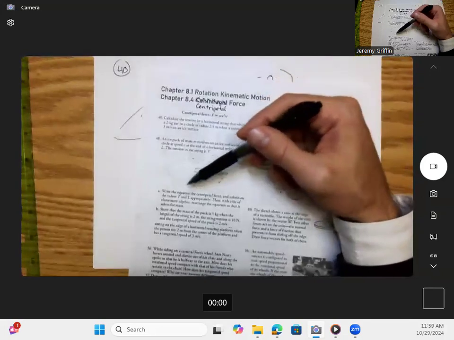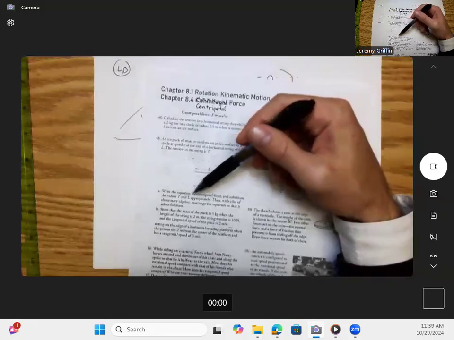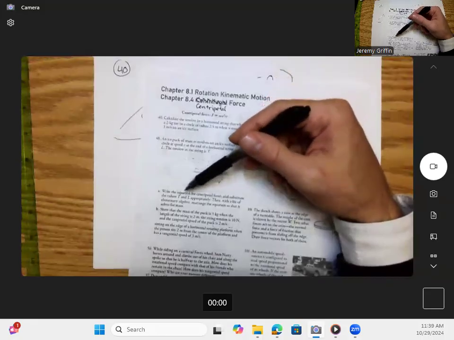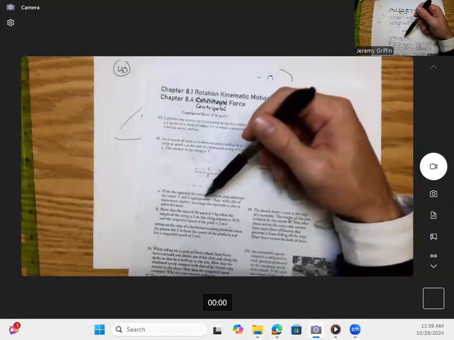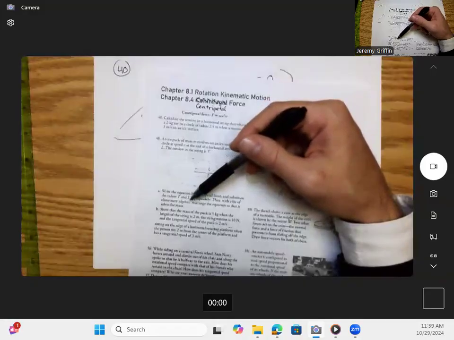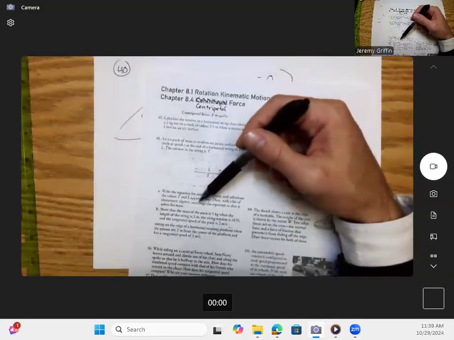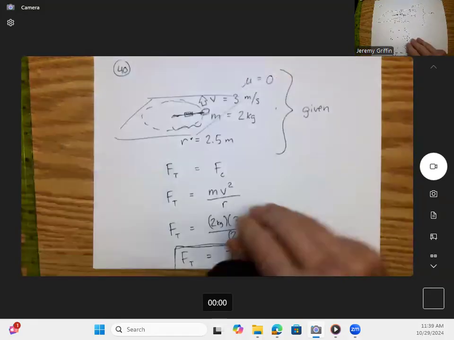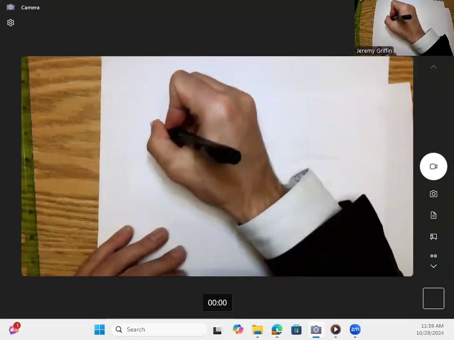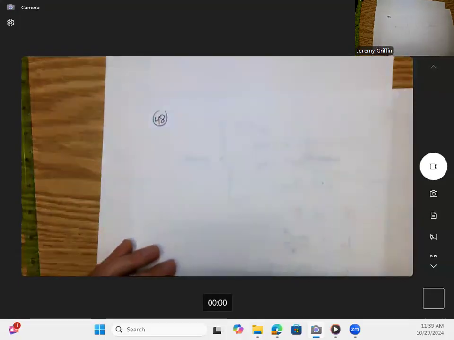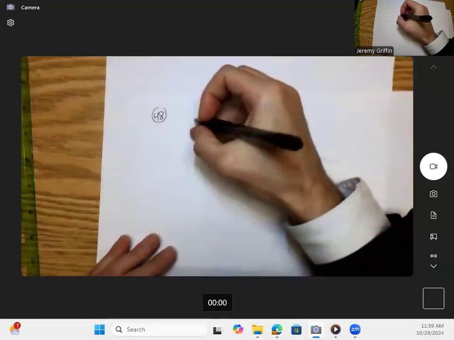Question A: write an equation for a centripetal force and substitute in the values for tension and length. Then, with a bit of algebra, rearrange the equation to solve for mass. That's interesting. So number 48 looks a lot like number 14, just in terms of variables now.